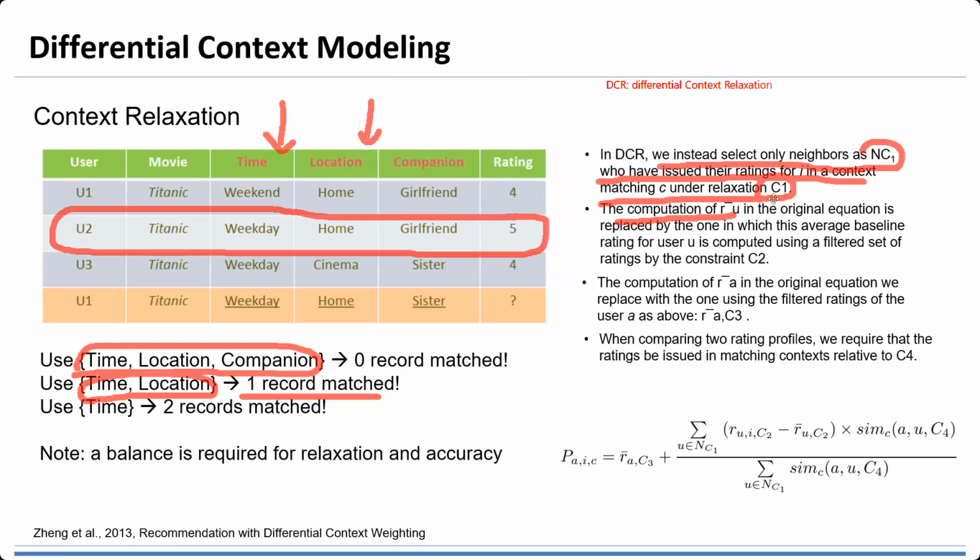So at the first one, we have the C1. It is based on the context. And now we want to get only the user based on the constraint C2. So it means only the value based on the time and the value based on the location, because we have time and location as one match, and we want to look for this condition.